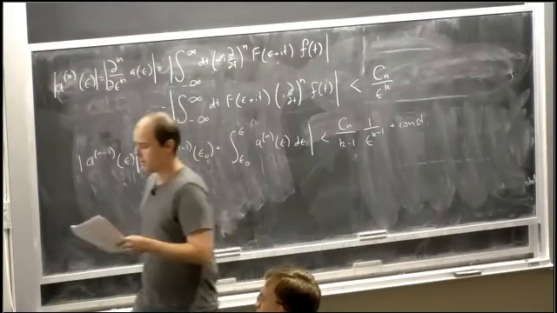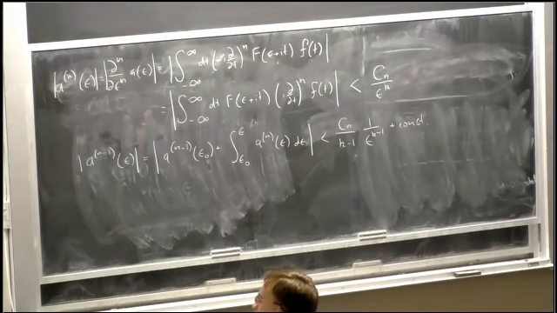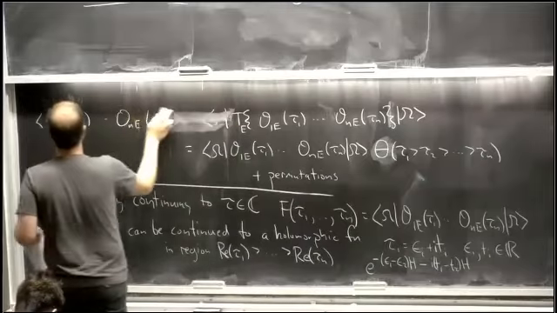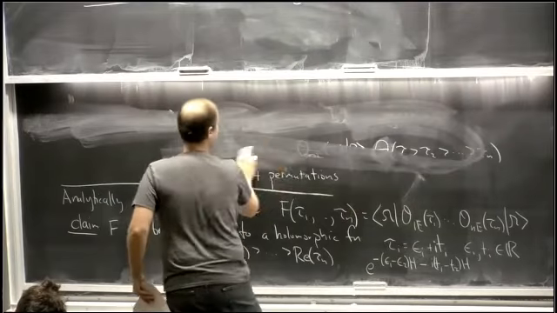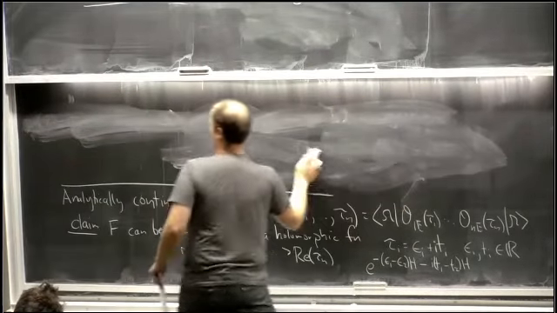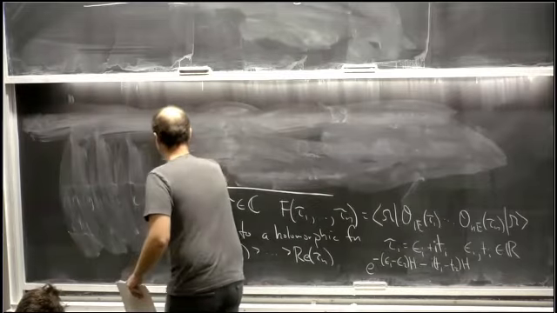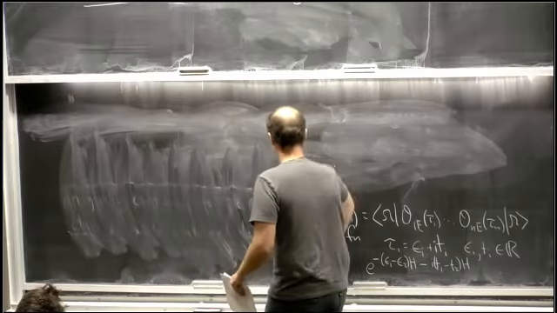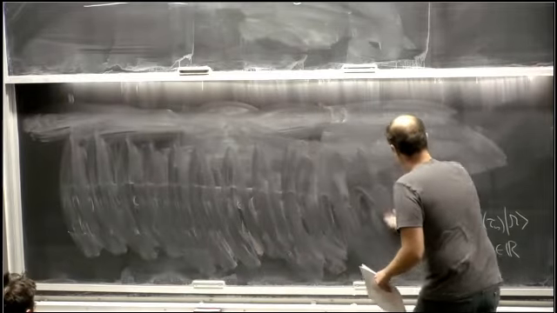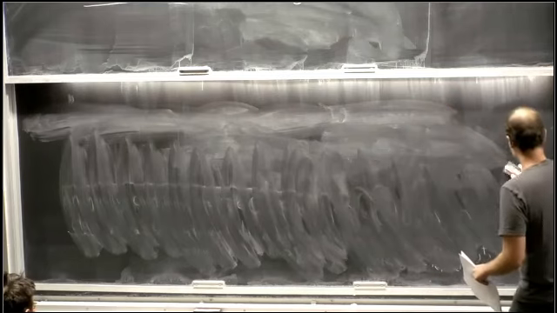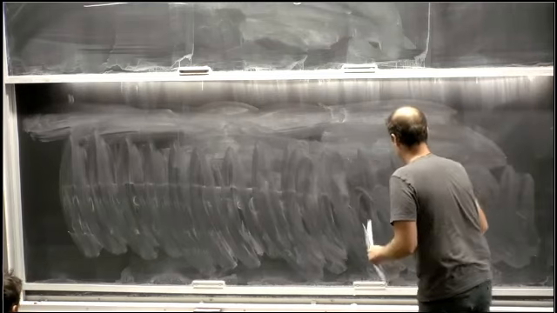So that's the argument, and I think it's much more instructive, well, hopefully equally instructive, to look at an example. And the example that we'll look at is a 2-point correlation function in a 1D CFT.